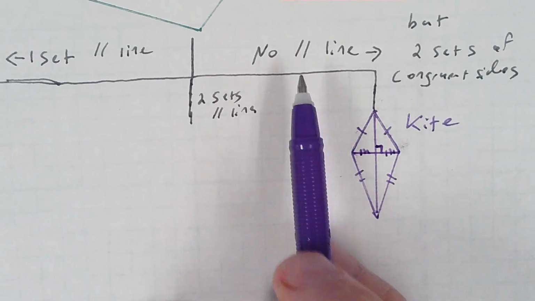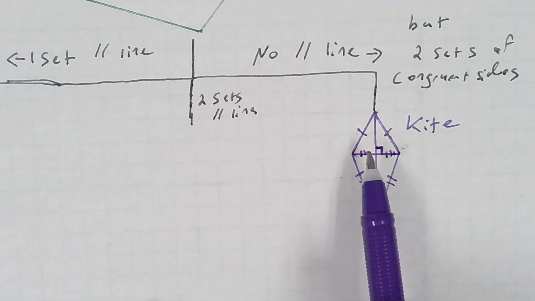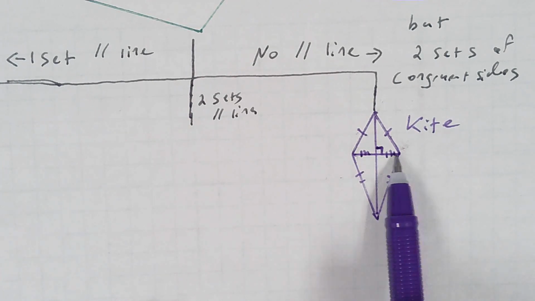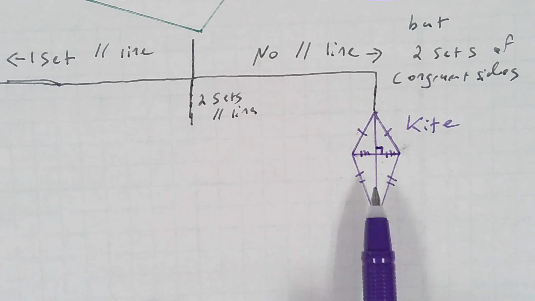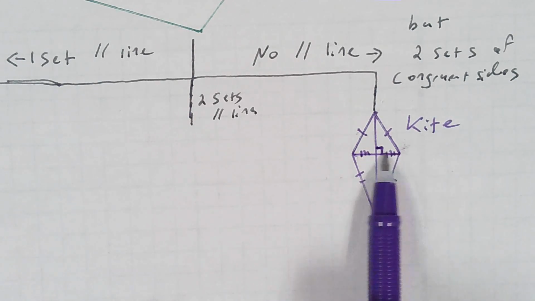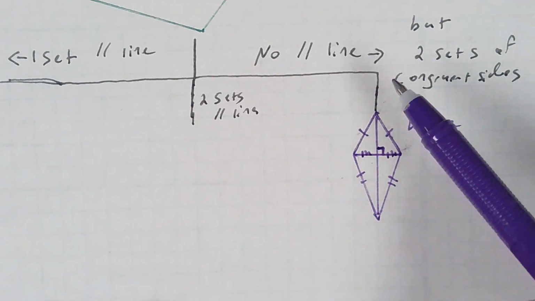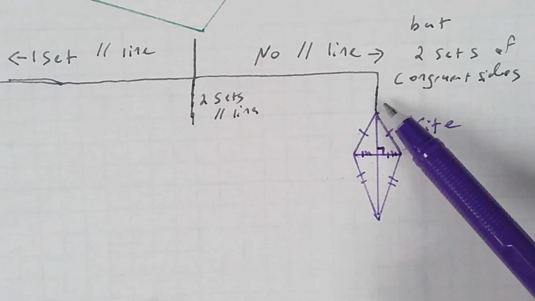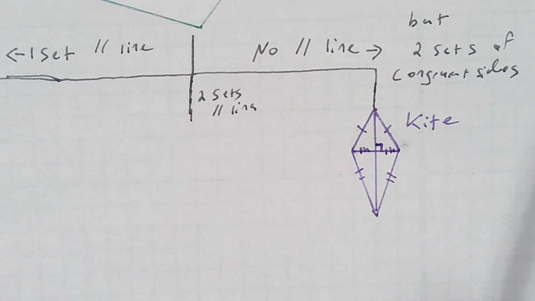It's got no parallel lines, two sets of congruent sides. One of the diagonals is bisected by the other diagonal, resulting in two congruent parts of one of those diagonals, and a 90-degree angle.